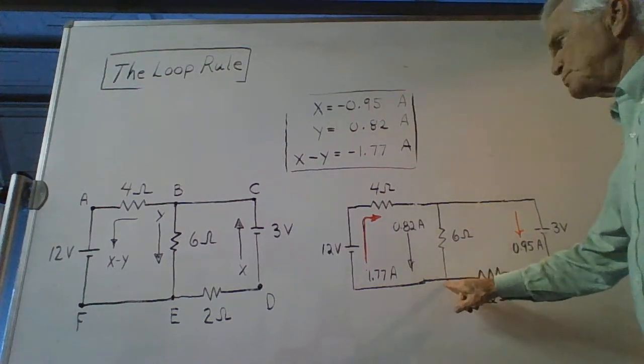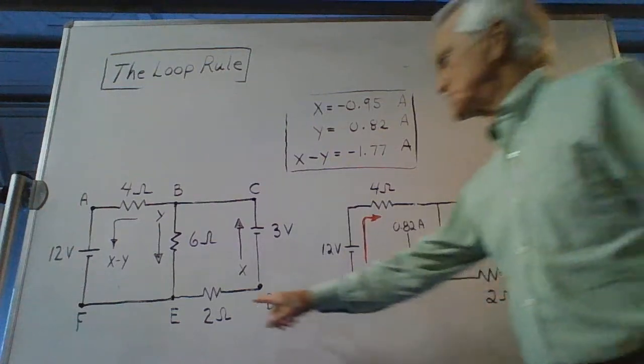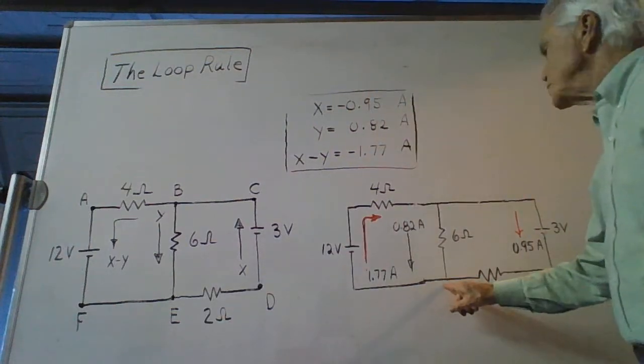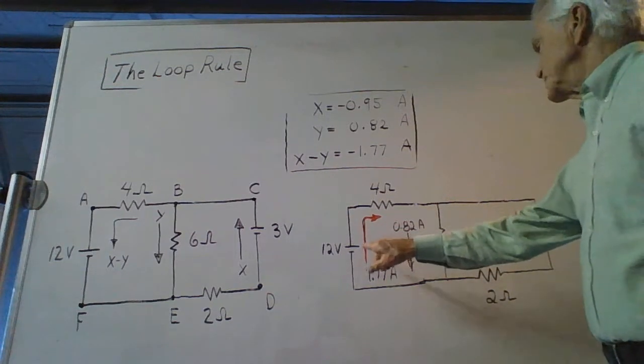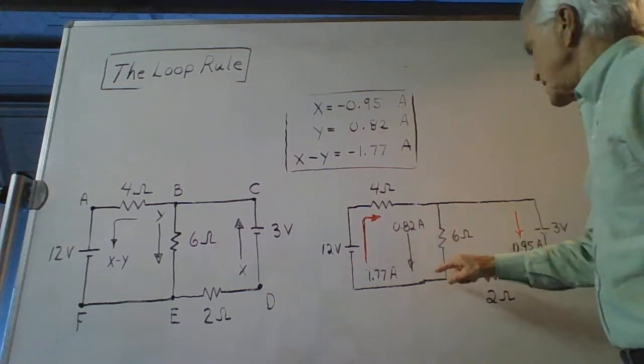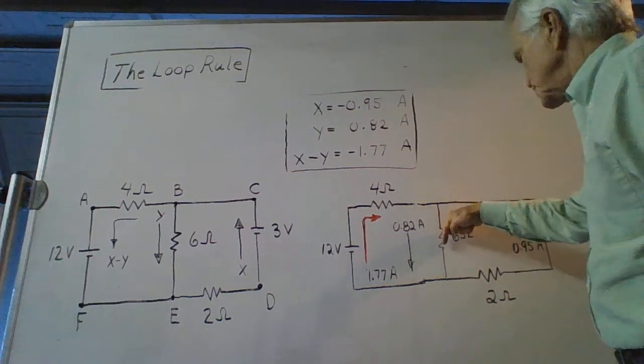Approaching that branch point, formerly named branch point E, you have 2 currents. You've got the 0.82 ampere current passing through this resistor.